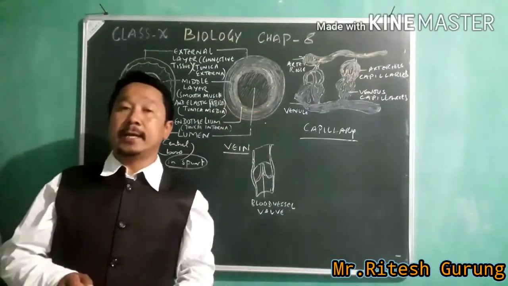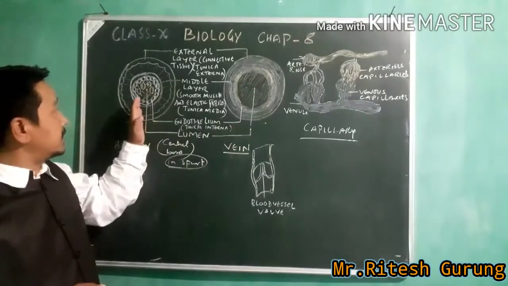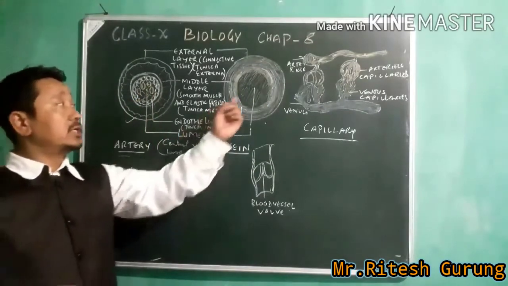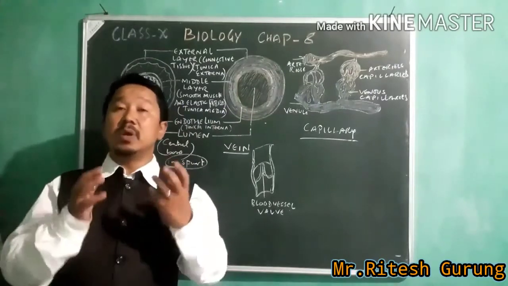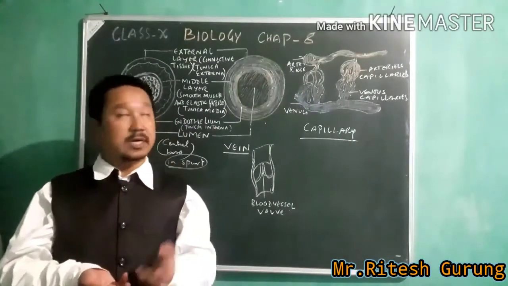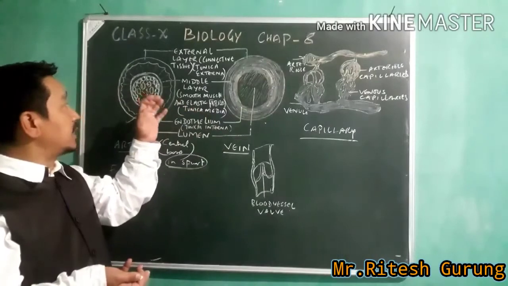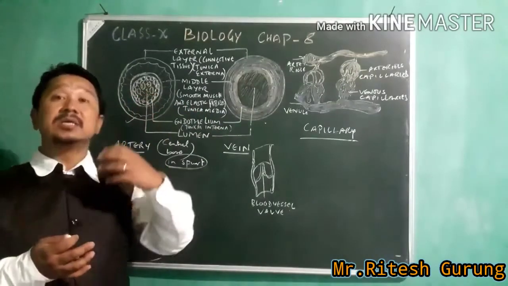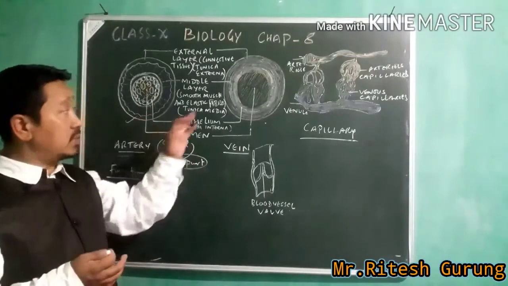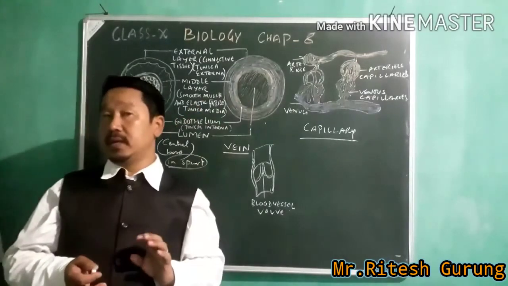And here, unlike in the artery, the blood flows uniformly, not in spurts with great sudden speed as in the artery.